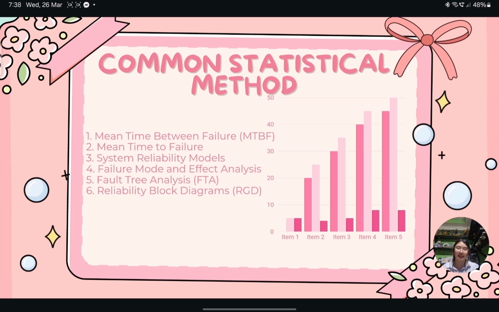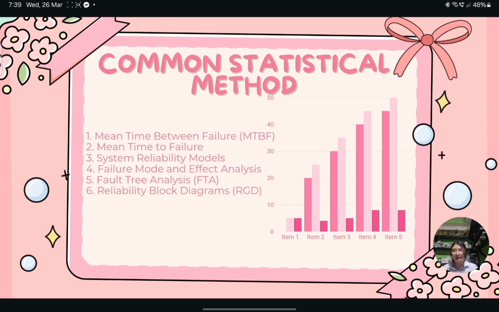Since we all know that machines won't work 24 hours, let's just say 12 hours. 1000 divided by 12 is about 81, 82 or something. See, we can use it for at least 82 days. That's what we call the MTBF.